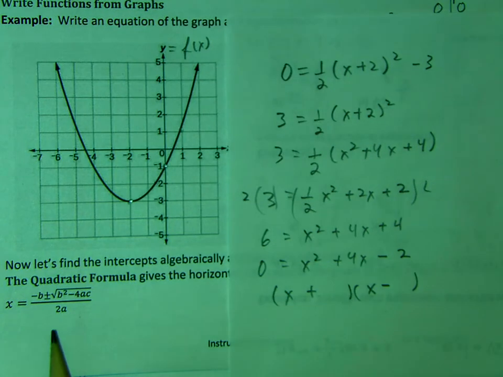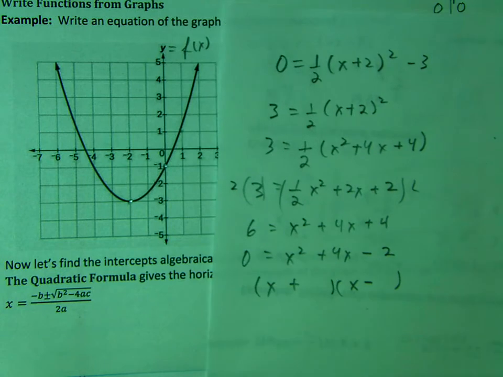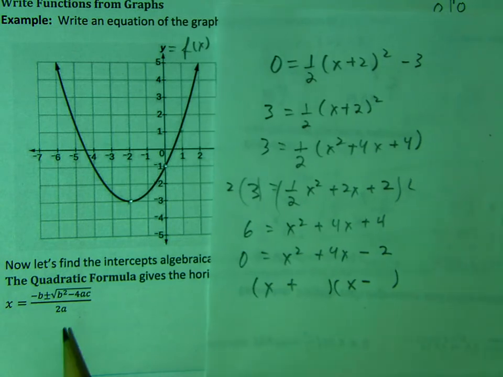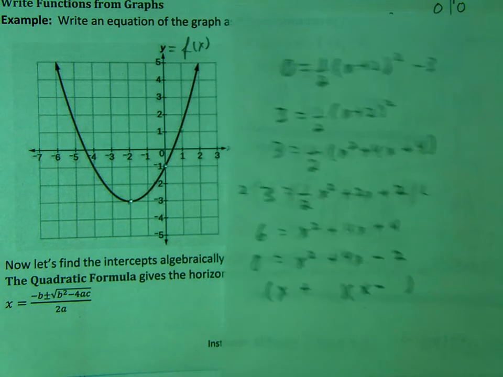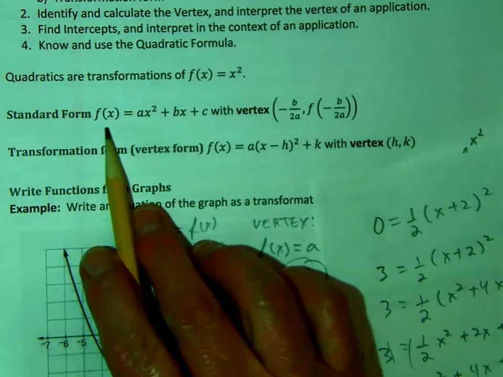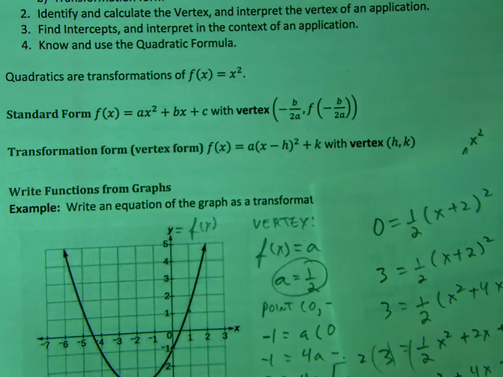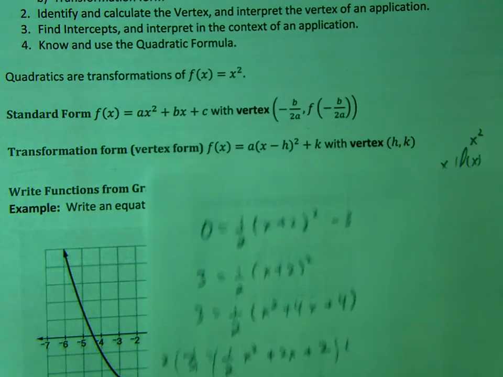This is where the quadratic formula can come in handy. So to use the quadratic formula, I need to have my function in standard form. So let's first get the function in standard form.